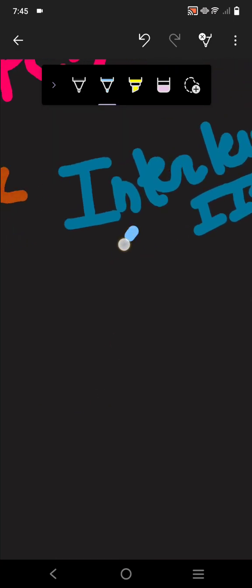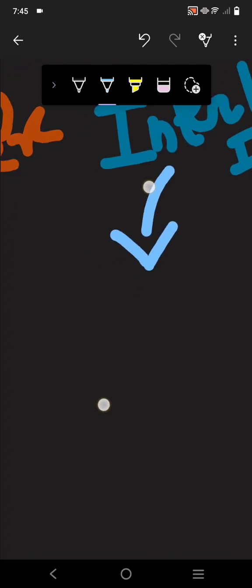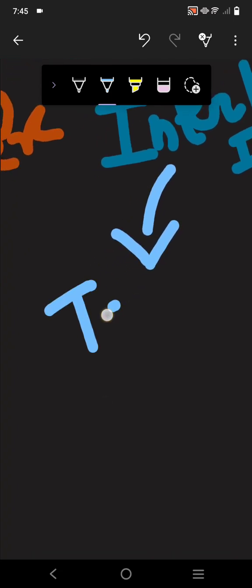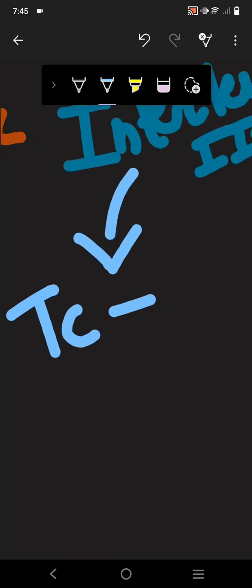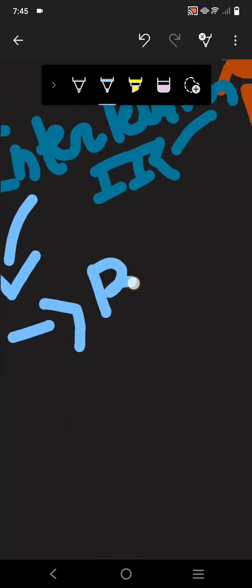Now our cytotoxic T cell will be activated, and the B lymphocyte will also be activated.